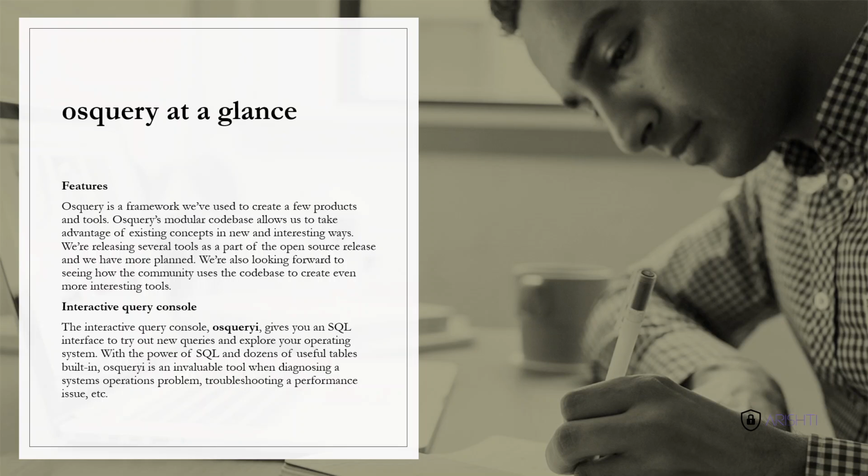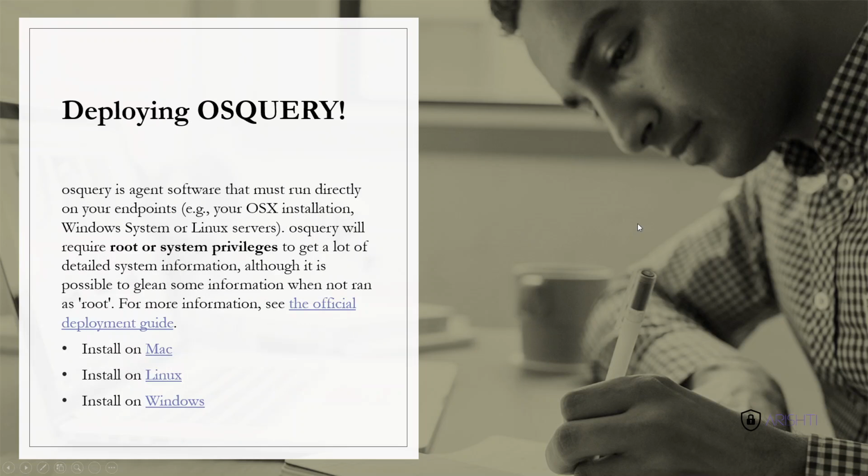There is an interactive query console that we're gonna use, and most commonly it's known as osqueryi. The i stands for interactive console. This will give us a SQL-type interface where we can run our queries and fetch the details. So we're gonna use SQL statements and run these things. If you have ever run any SQL statements, that will make more sense for you as well. Okay, so let's start showing all those things. So now, deploying OSQuery.